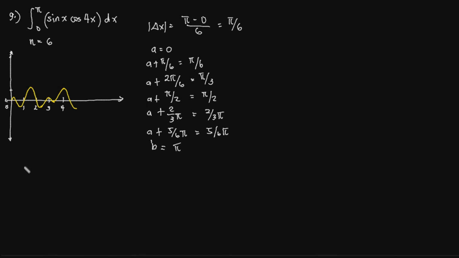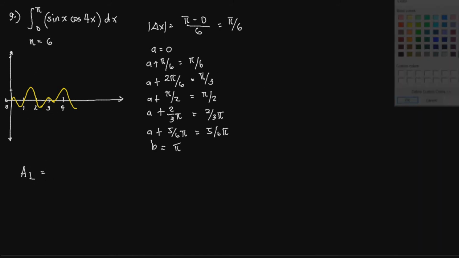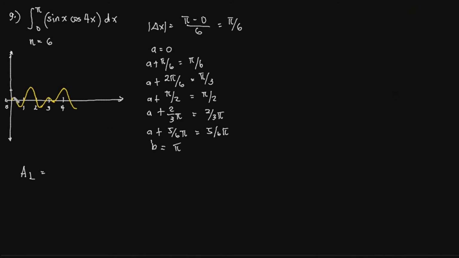So, for the area of the left Riemann sum, you can draw here to visualize. Let's maximize the drawing. From the left endpoint, you start here. Pi is around 3.14, so if this is 1, 2, and probably this is your 3.